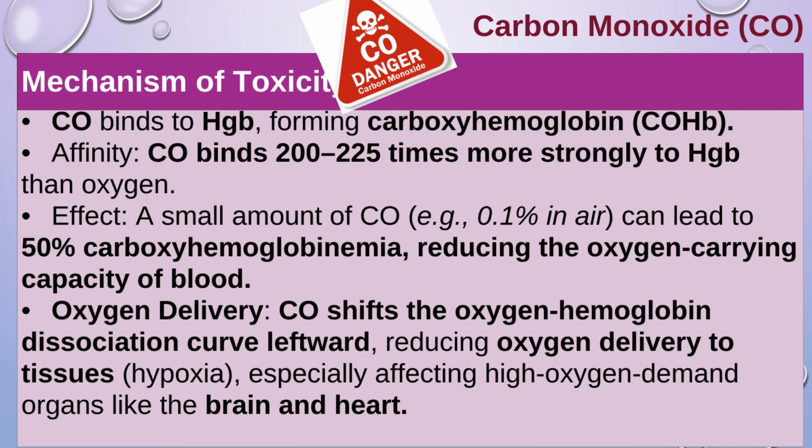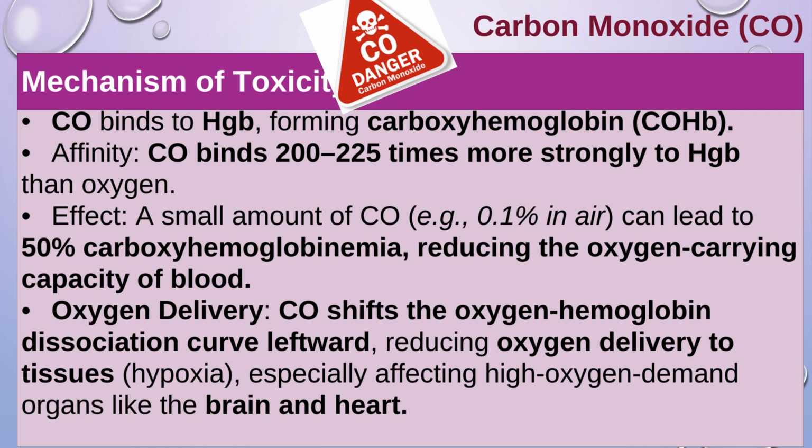A small amount of carbon monoxide, even as little as 0.1% in the air, can lead to 50% carboxyhemoglobinemia. Hence, there's a reduction in the oxygen carrying capacity of the blood. So with decreased oxygenation, there is a change in the oxygen hemoglobin dissociation curve, and the curve tends to go leftwards.